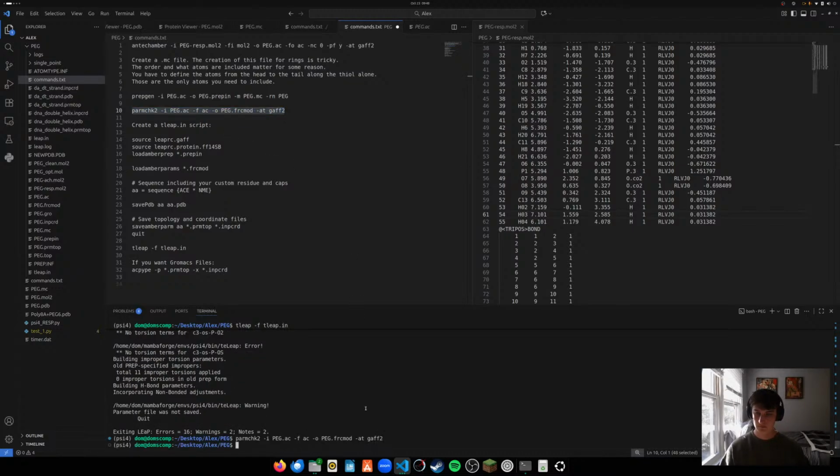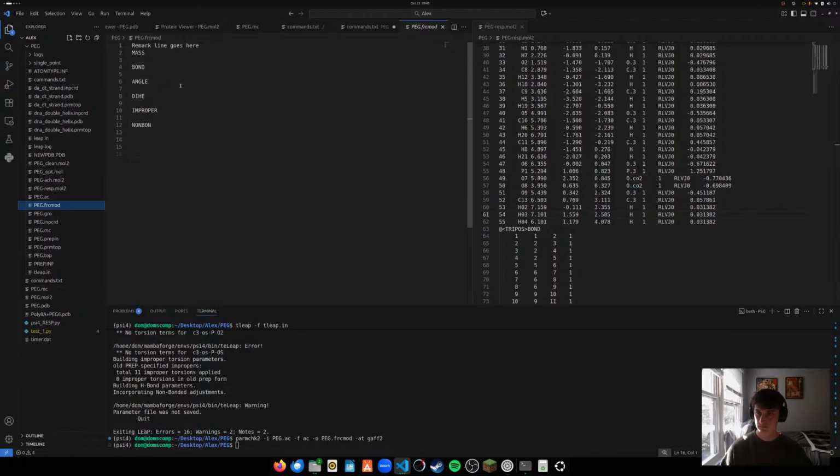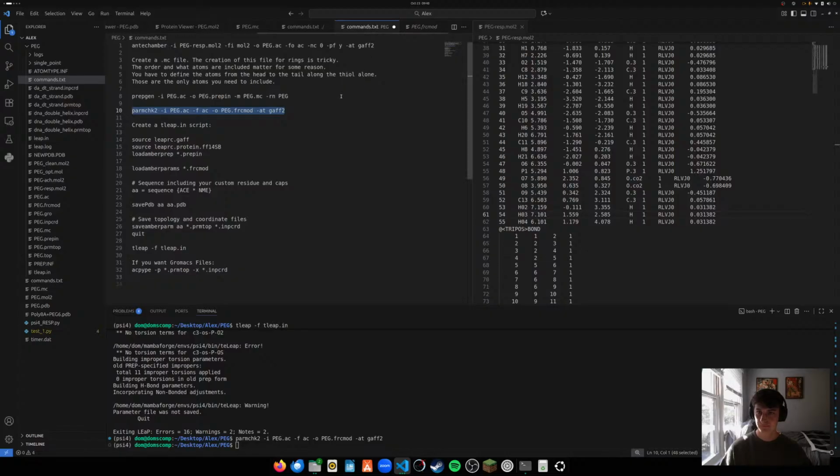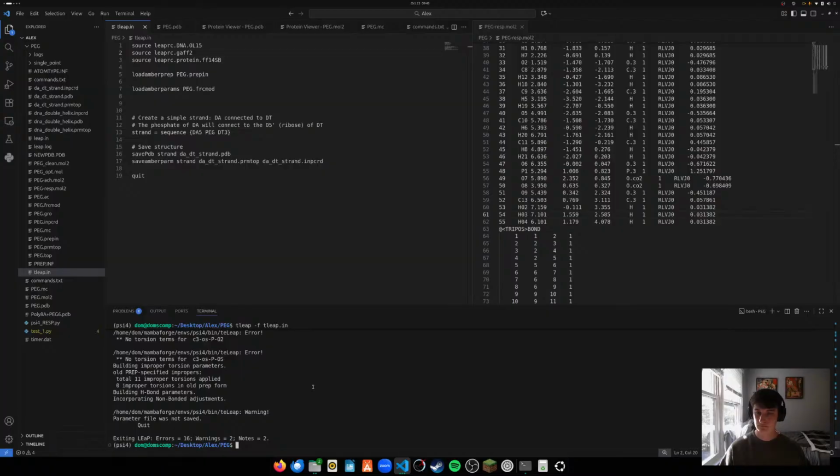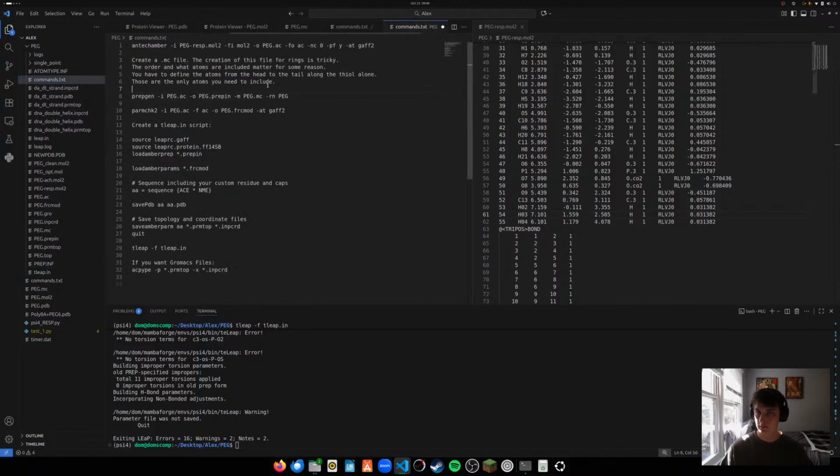Does this work? Yeah. Change this back. Then do the old command.